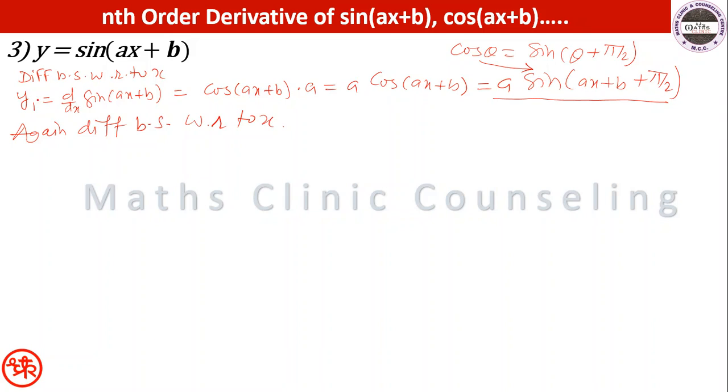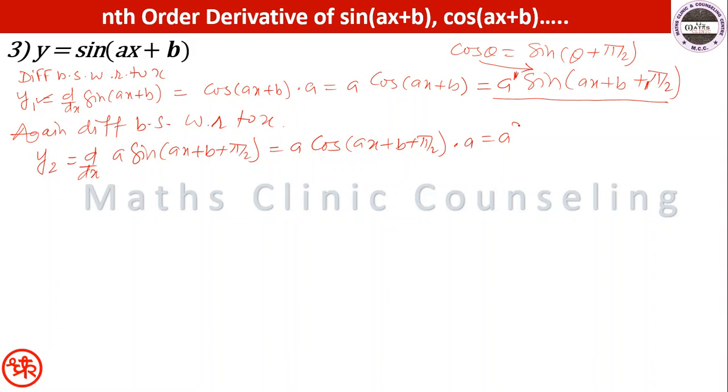Look here, the power of a is 1, and the multiple of pi by 2 is 1. So now the derivative of y1, that is y2, is d/dx of a sin(ax+b plus pi by 2). a is a constant, the derivative of sin(ax+b plus pi by 2) is cos(ax+b plus pi by 2), into a, and that is equal to a square cos(ax+b plus pi by 2).